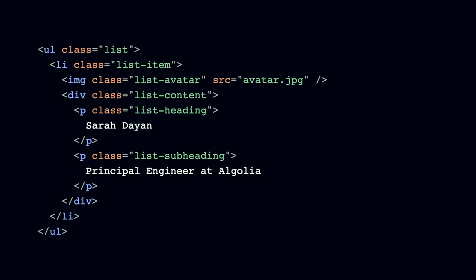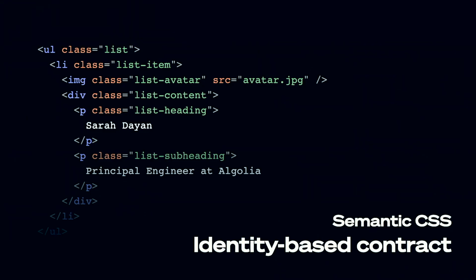The technical complexity of what things look like is kept in the style sheet, leaving the HTML unaware of the how. In semantic CSS, you treat CSS classes as a way to abstract away the visual aspect of components into its own layer with a contract that is based on identity. So it focuses on what things are.